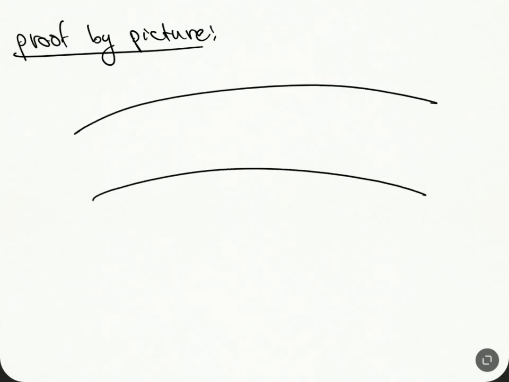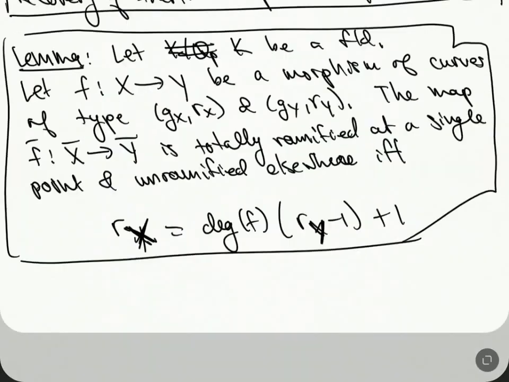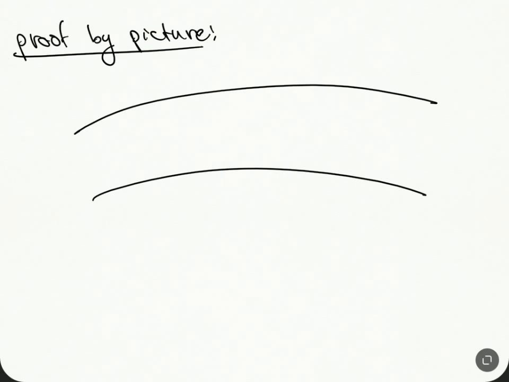Here's x, and we had x to y, and we had some punctures here, so this number here is r_y minus 1.